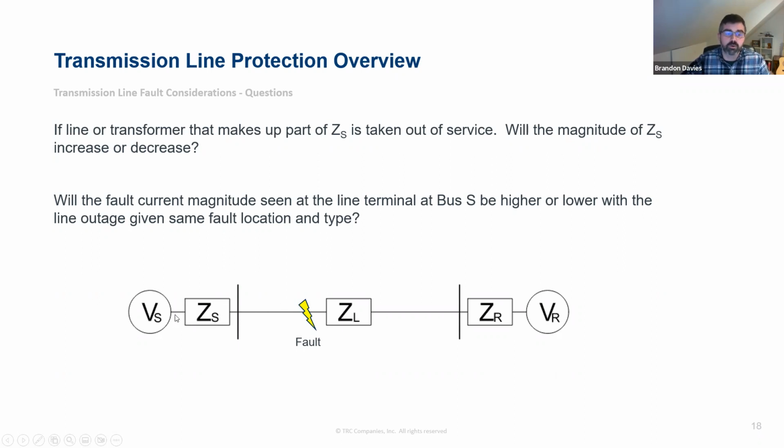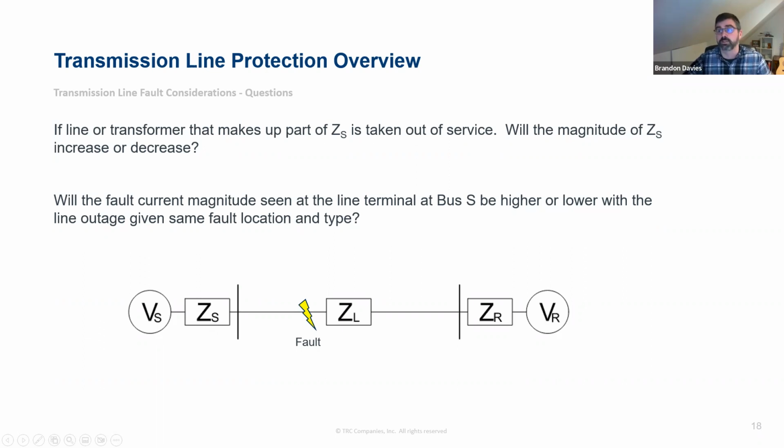So when you take a line out behind a relay or a transformer or a generator or anything else, in general, the response of the system is the system is going to get weaker. So you're increasing your source impedance, which is going to then impact your fault magnitude.